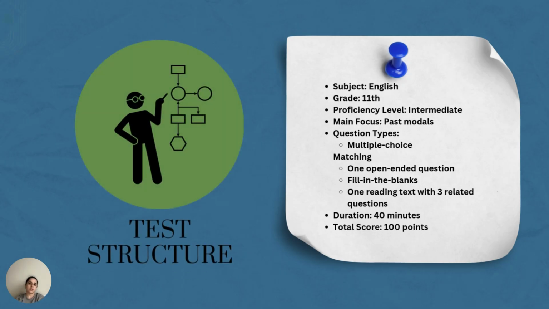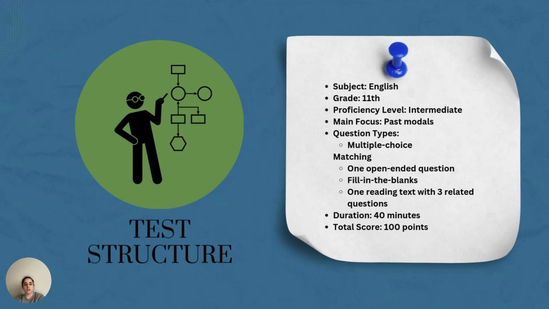The subject is English, and the grade is 11th. Their proficiency level is intermediate, and the main focus was past modals. The question types are multiple choice, matching, one open-ended question, fill in the blank, and one reading text with three related questions.